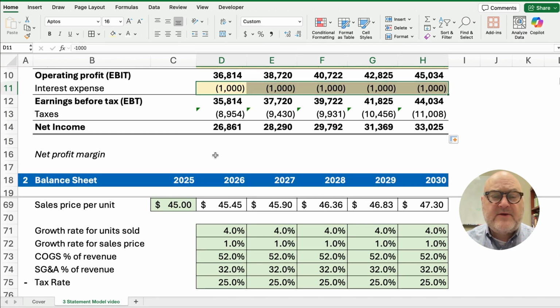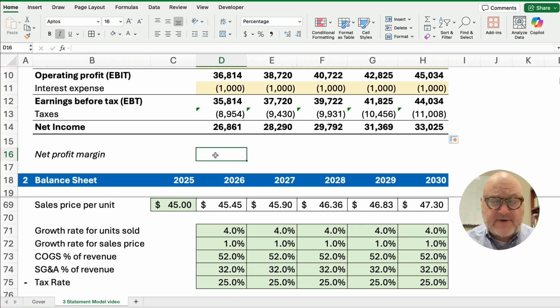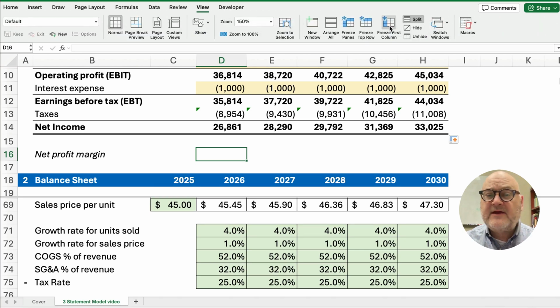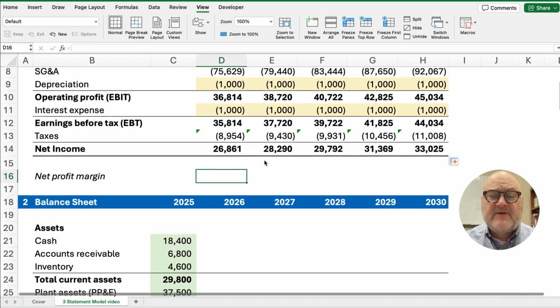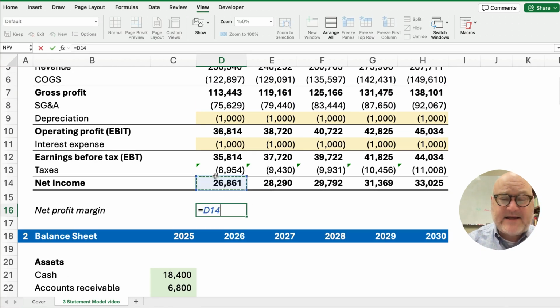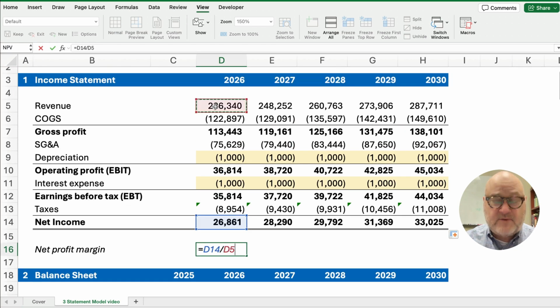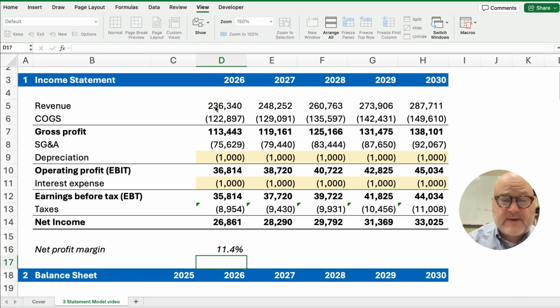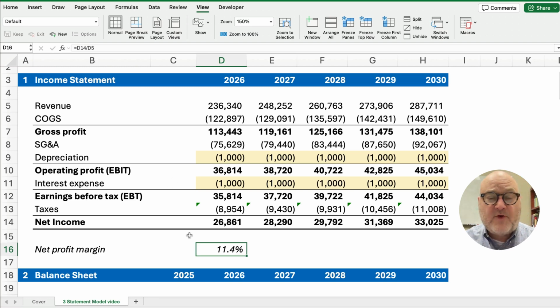Now, one thing we can do is we can figure out what is our net profit margin. Okay, I'm going to take off the split here so I can look at things a little bit differently. So what is our net profit margin? Our net profit margin is going to be our net income divided by our revenue. So here it's something like 11.4.